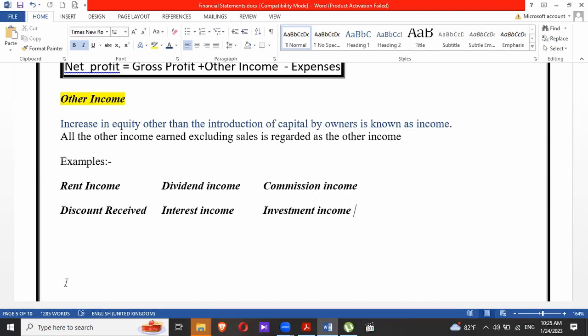The main income of the business is sales. Excluding sales, all the other methods of income we call other income. Examples are rent income, dividend income, commission income, discount received, interest income and investment income. Please write down.